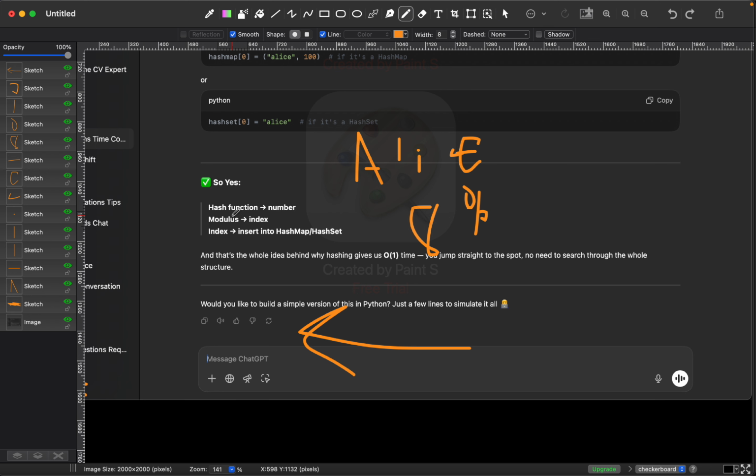I kind of got stuck over here, with a lot of hash map preset.